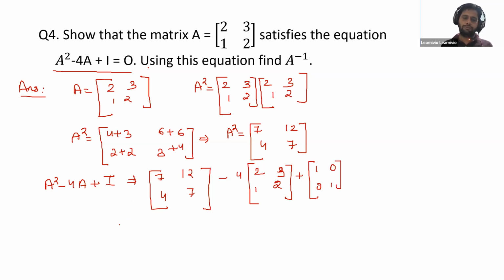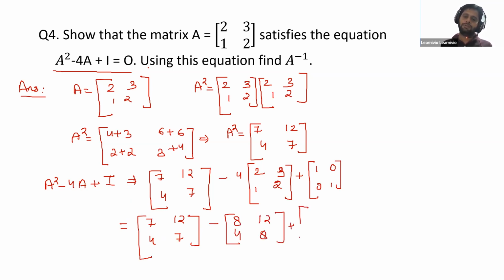Next. So we will get what? This is 7, 12, 4, 7. Multiply this, negative 8, 12, 4, 8 plus 1, 0, 0, 1.